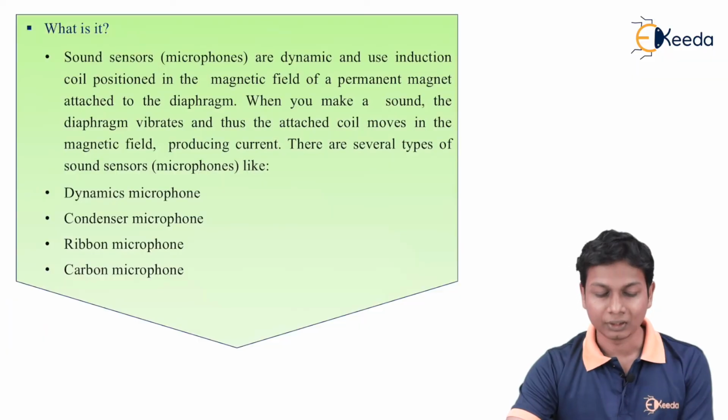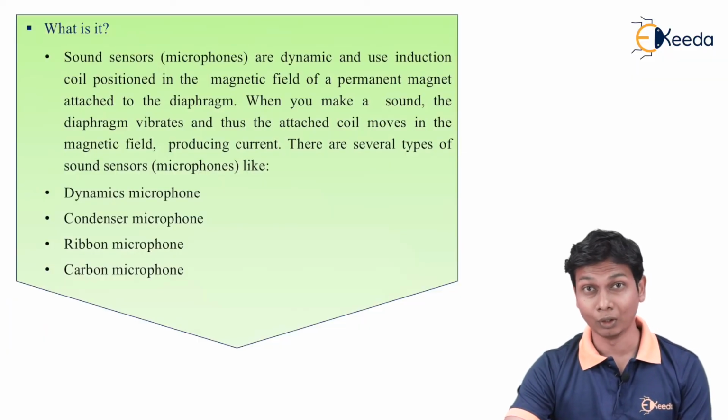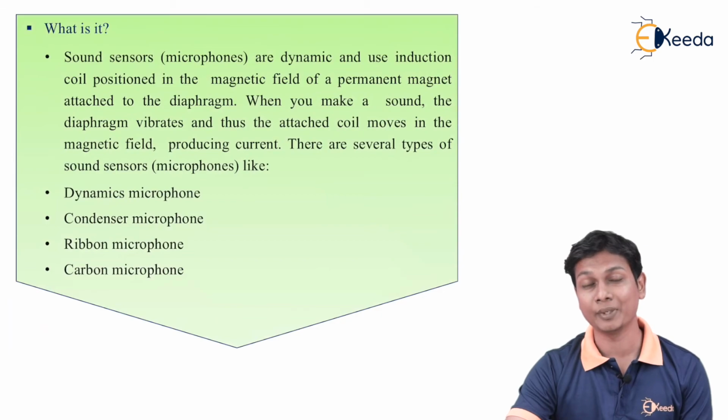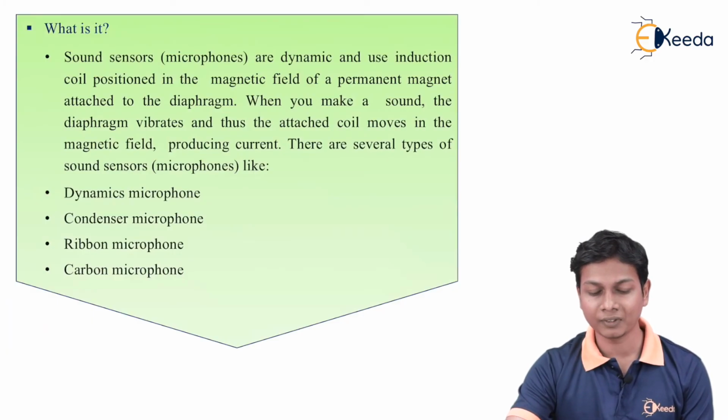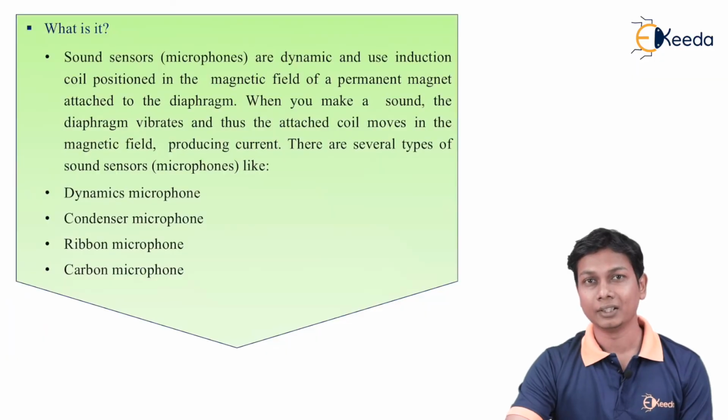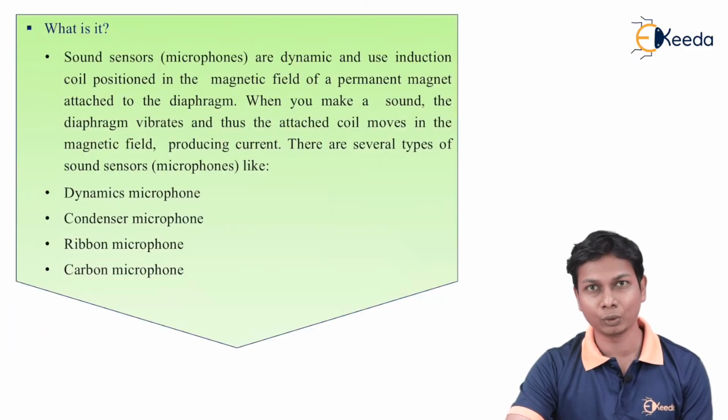Before moving to the light sensor, we have to know what active sensors, passive sensors, static sensors, and dynamic sensors are. This sound sensor is a type of dynamic sensor, where the measurement of the signal changes with respect to time dynamically. Means what?